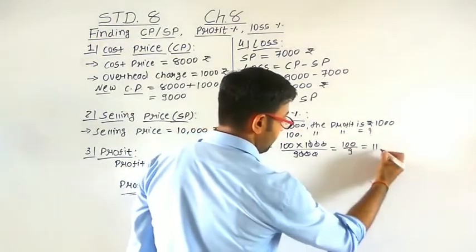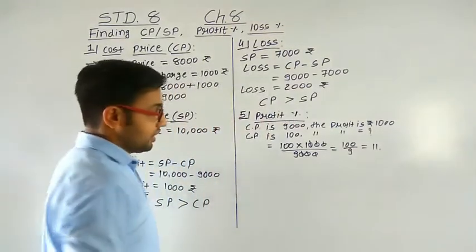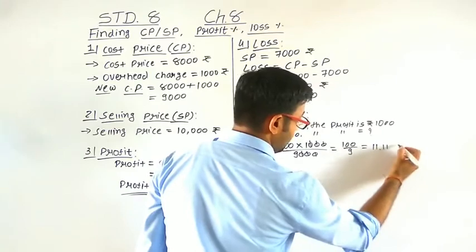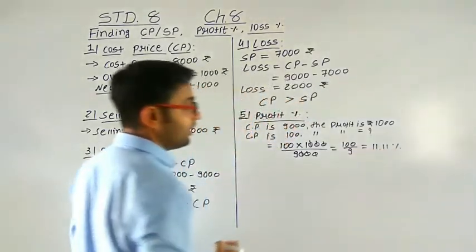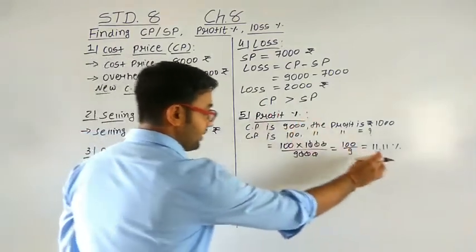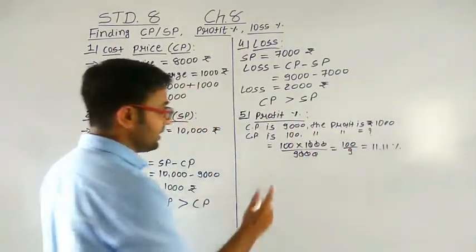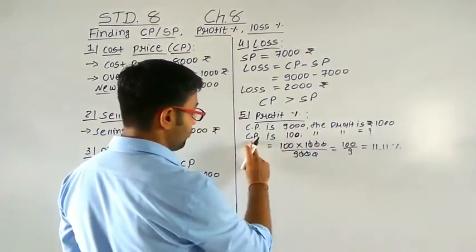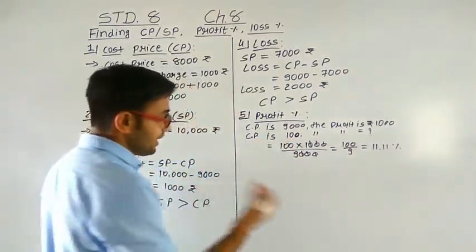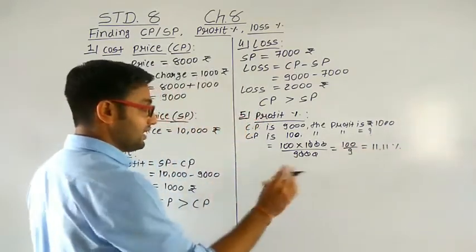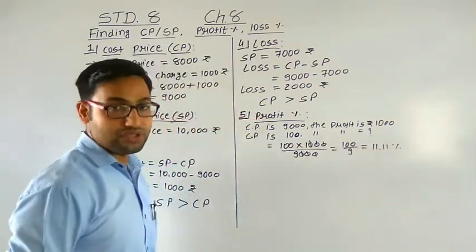Now we have to put the decimal point here. So we get 11.11%, and that percent is called the profit percentage. So here we take a base of 100. We make the cost price equal to 100, and that is why we get 11.11%, which is called the profit percentage.